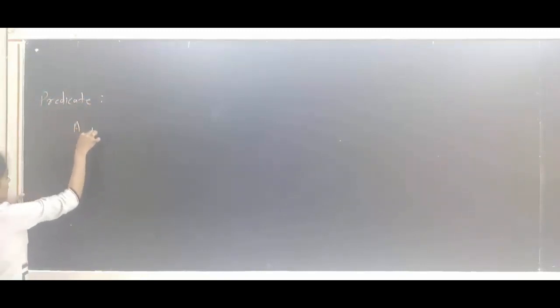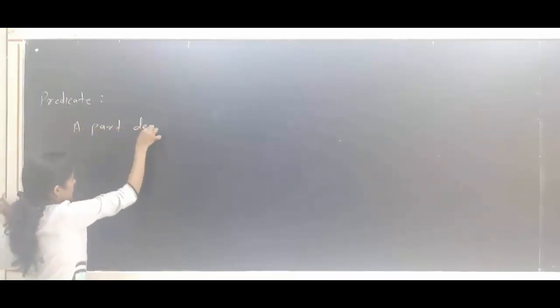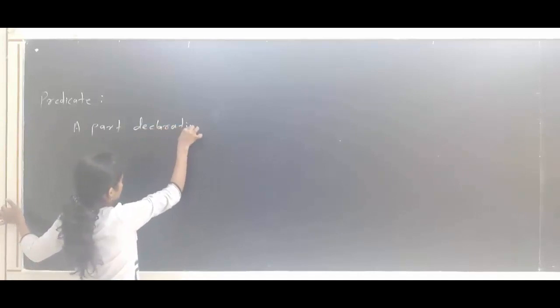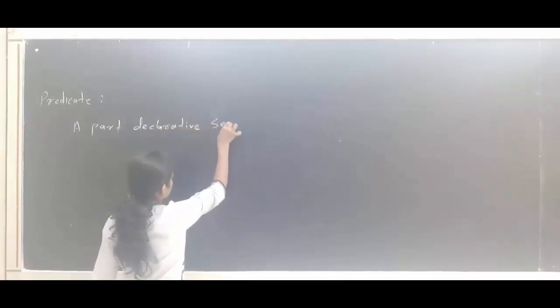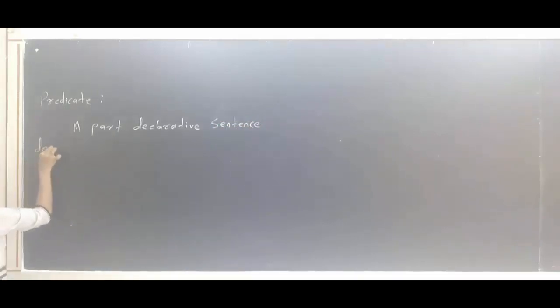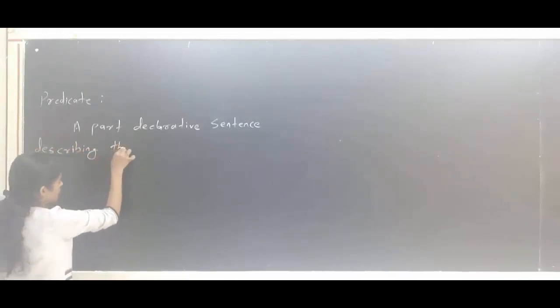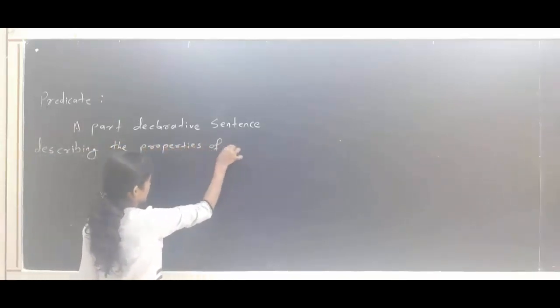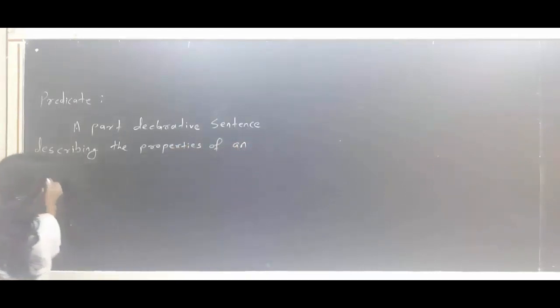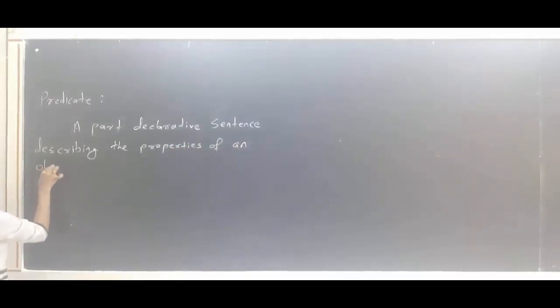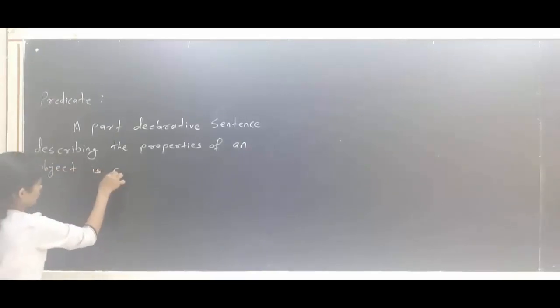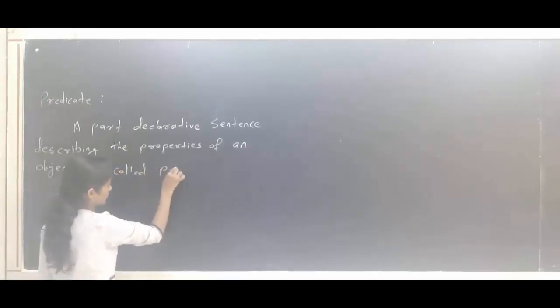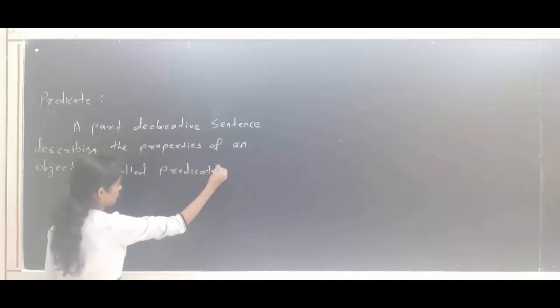Definition: a part of a declarative sentence describing the properties of an object is called a predicate.